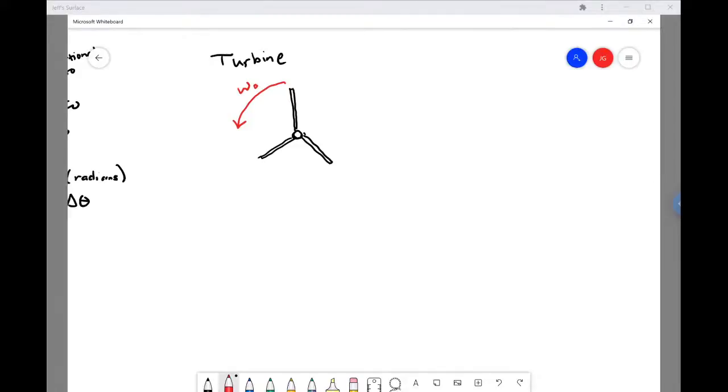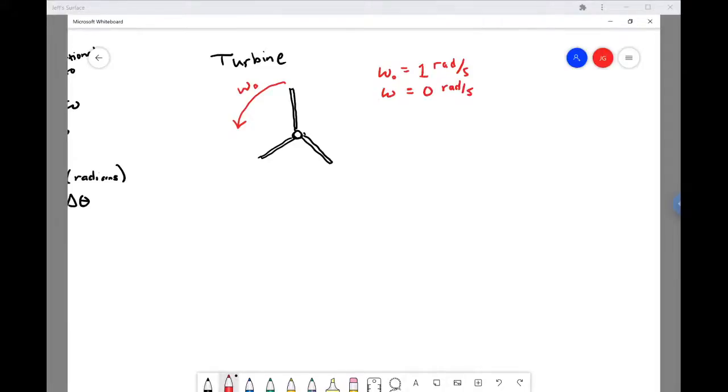So the thing is that omega naught is some non-zero number. I can just make up a number. It's not important. We're not going to do this whole problem. I just want to set it up. Let's say it's 1 radian per second. Okay? And it's going to come to rest, which means that in the future, its omega is 0 radians per second.